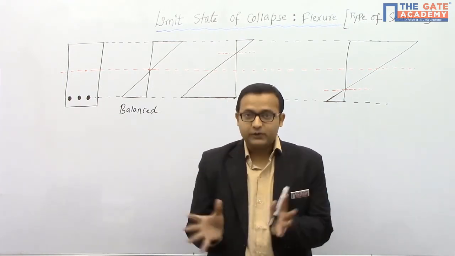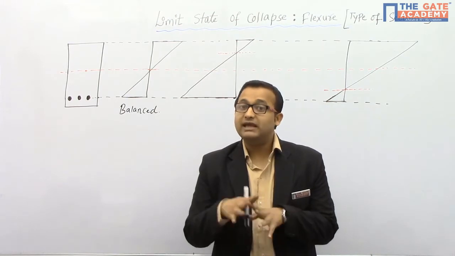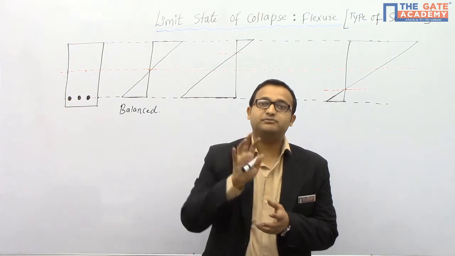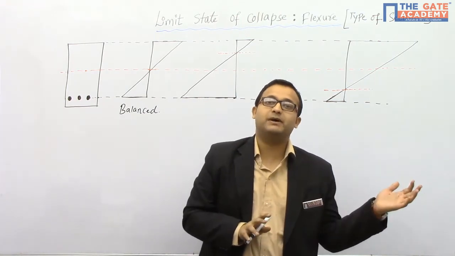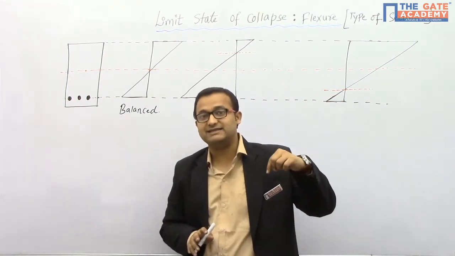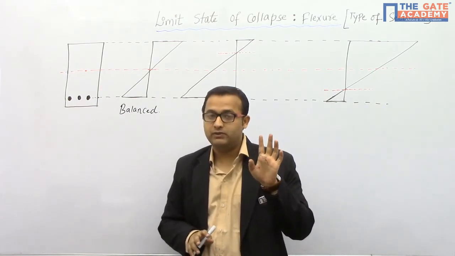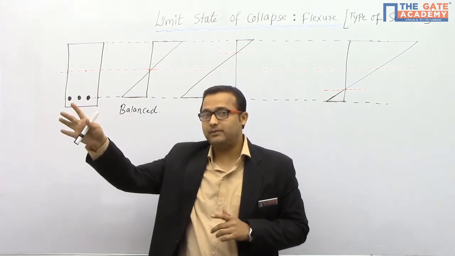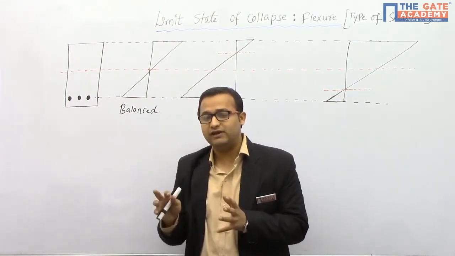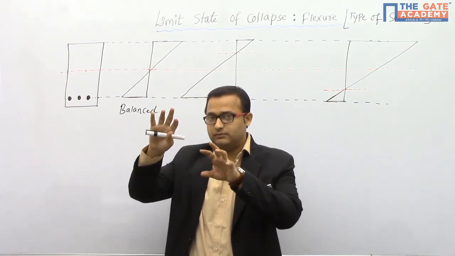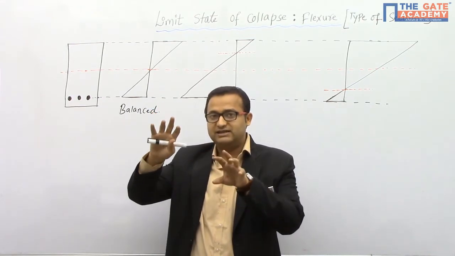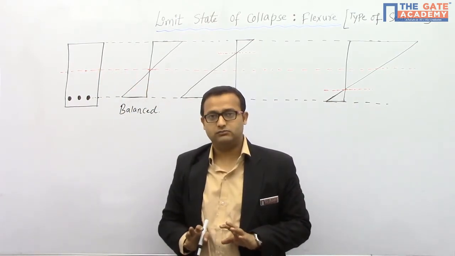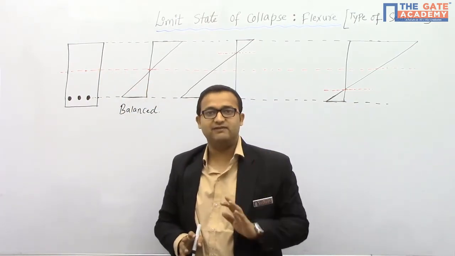So, if you create a situation in the beam in which the steel is subjected to a stress greater than its permissible limit, in this case 50 Newton per mm square, and in the concrete the permissible limit was 20 Newton per mm square, and the stresses in the concrete and the stresses in the steel reach their permissible values, the concrete will fail and the steel will also fail.